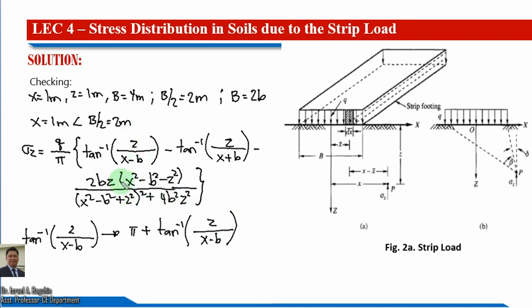Okay, so from this original equation, this inverse tangent of z over x minus b, we're just going to replace this one with pi plus the inverse tangent of z over x minus b.